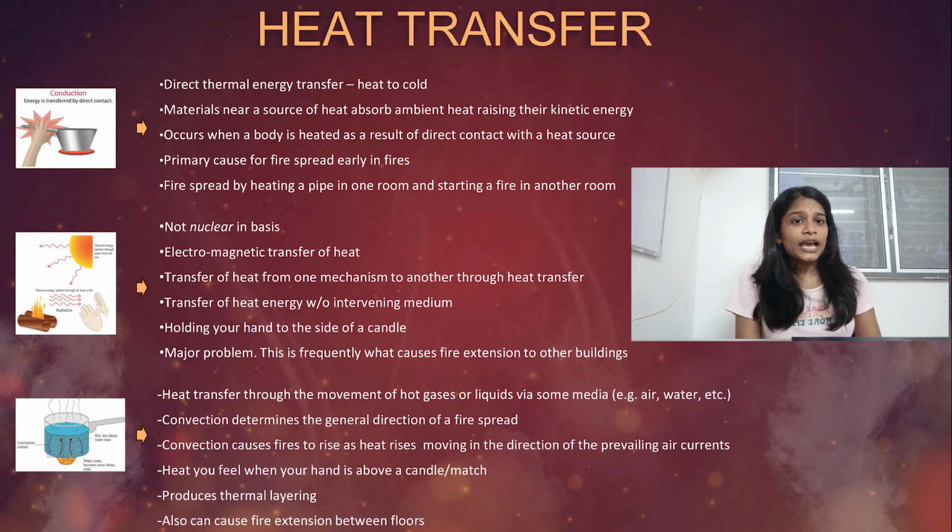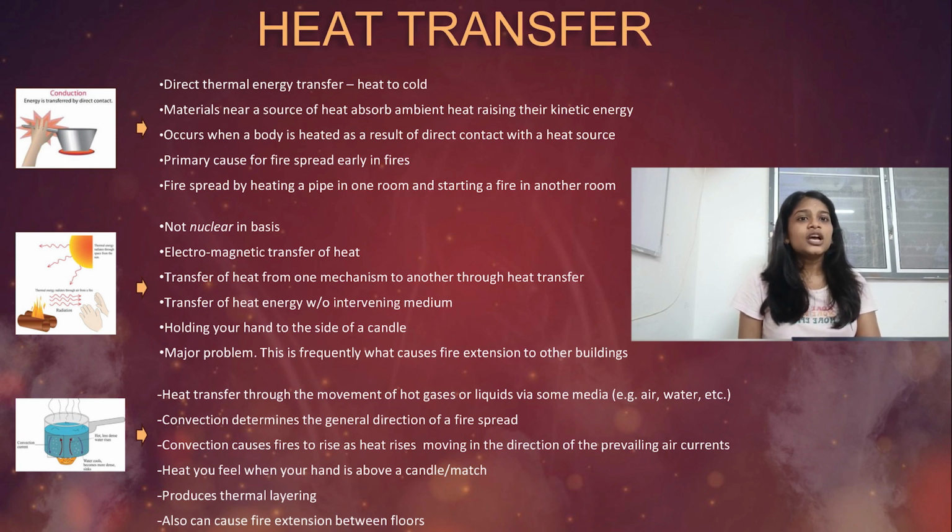Okay, and the third will be convection. Convection is heat transfer through the movement of hot gases or liquids via mediums such as air, water, and so on. This convection usually determines the general direction of fire spread.